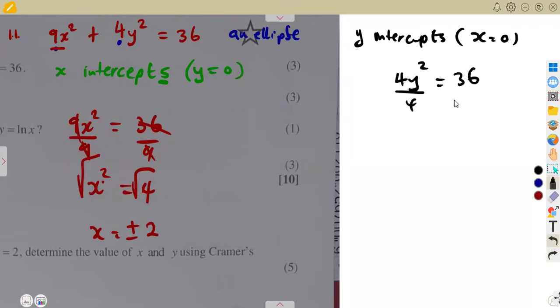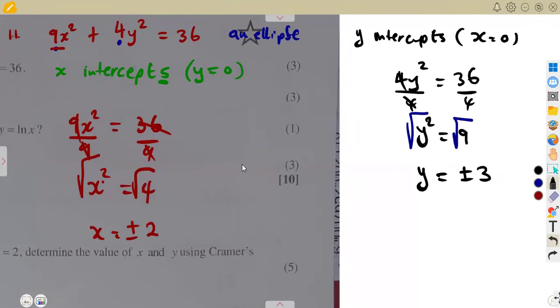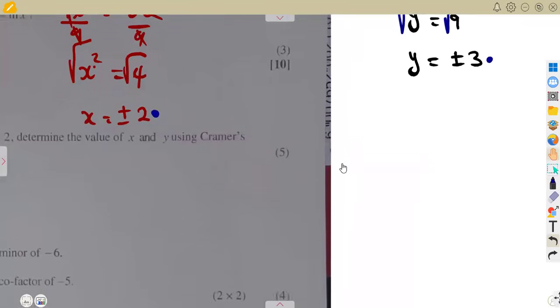To find the y values, divide by 4 by 4. That means y squared is equal to 9. So to determine y, you're going to introduce the square root. That is a plus or minus for the square root. So as we can see, we are having two possible values: x is plus or minus 2, y is plus or minus 3.